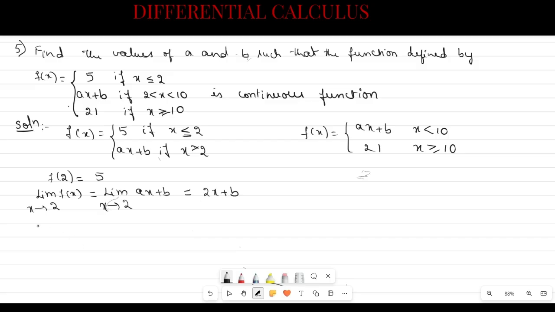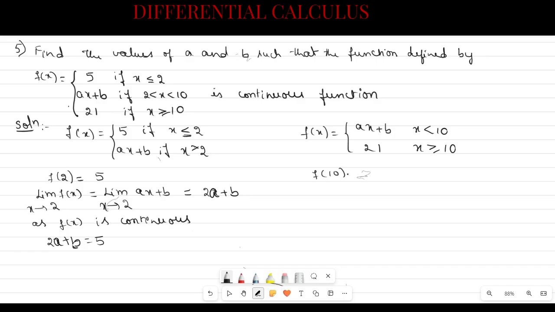As f of x is continuous, 2a plus b is equal to 5. So this is the linear equation we have got from the first function.